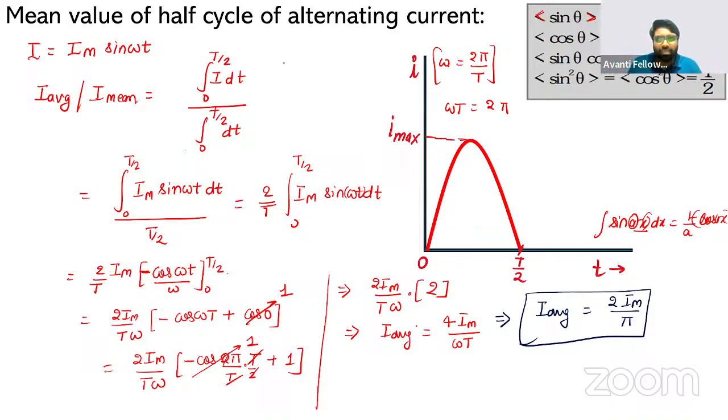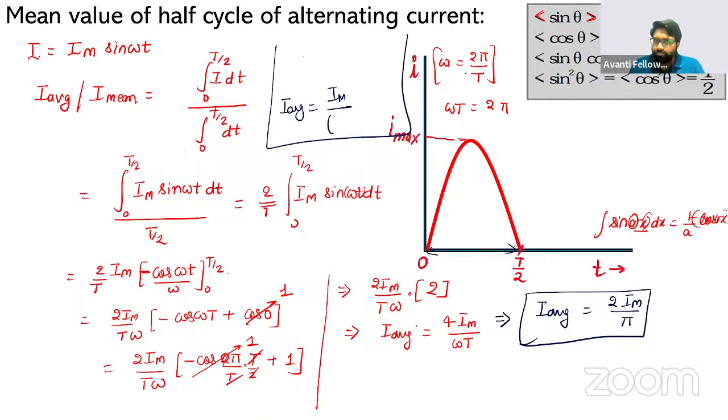One of the tricks that you can use to remember this formula is that I average is nothing but I maximum, whatever the maximum value, divided by half of the cycle length. अब यहाँ से यहाँ तक कितना साइकिल लेंथ है?